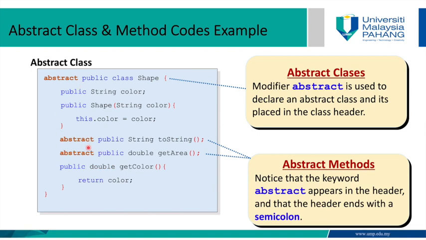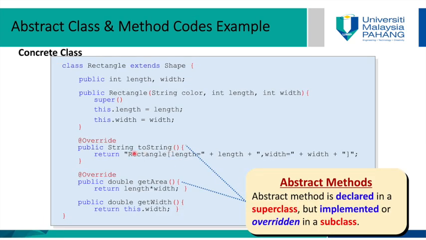In this abstract class, we have two abstract methods, which are toString and getArea. We do the implementation in the subclass here. Public String toString, the implementation, and then public double getArea, the implementation here. As stated here, an abstract method is declared in the superclass but implemented or overridden in the subclass. That's how an abstract method works.